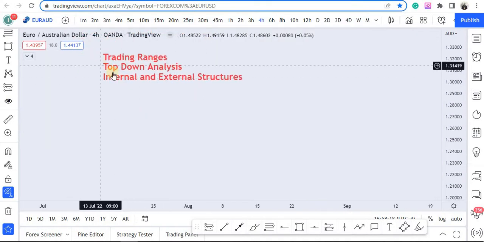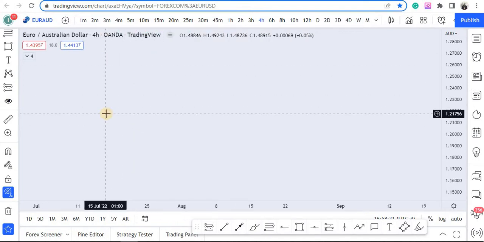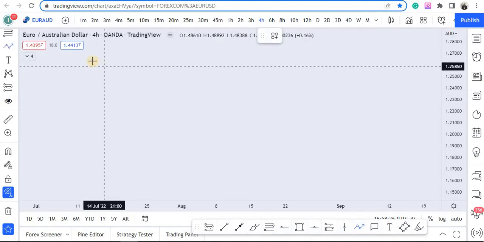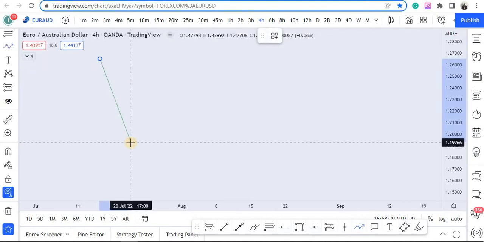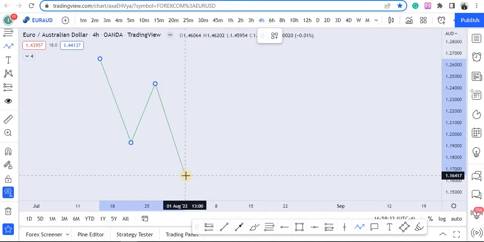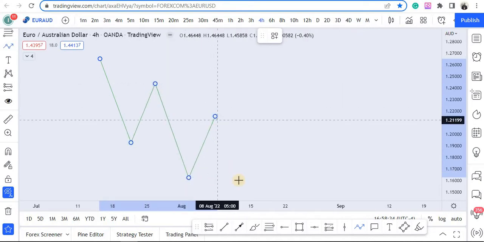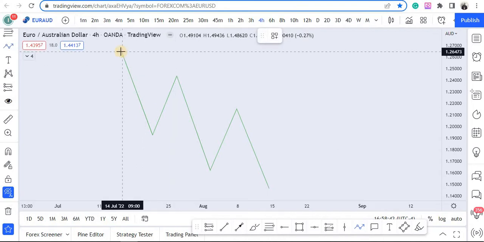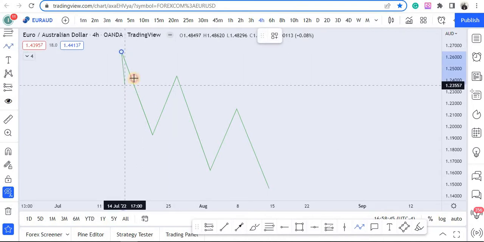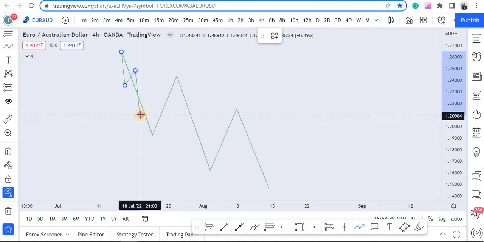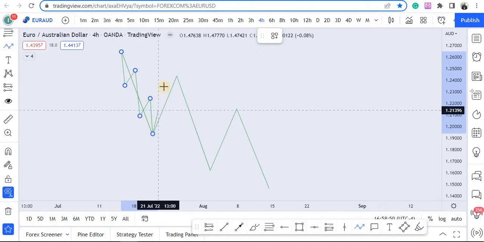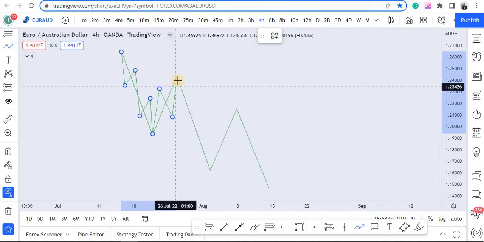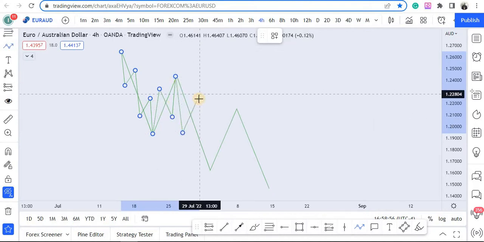Now the next thing we're going to be looking at is top-down analysis. What is top-down analysis? For example, if you are in a downtrend on the 4-hour time frame, just like this, but on the 1 hour, the market is doing something like this.